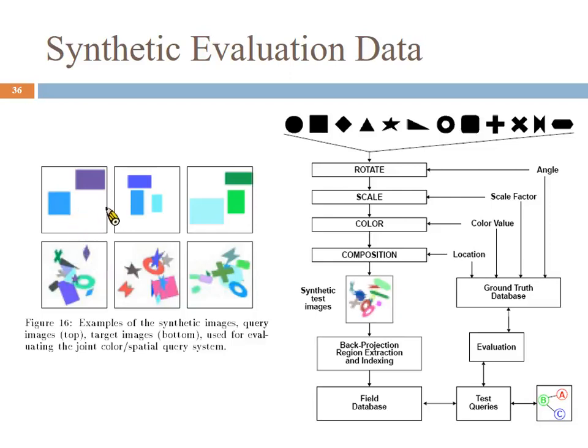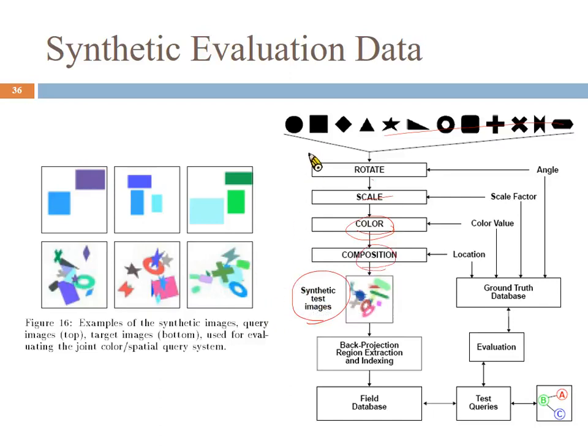They randomly generate images, where images may consist of several geometric objects, and then they randomly do some operations on these geometric objects like rotation, scale, and put into different colors, and then randomly compose them together to generate a synthetic test image.